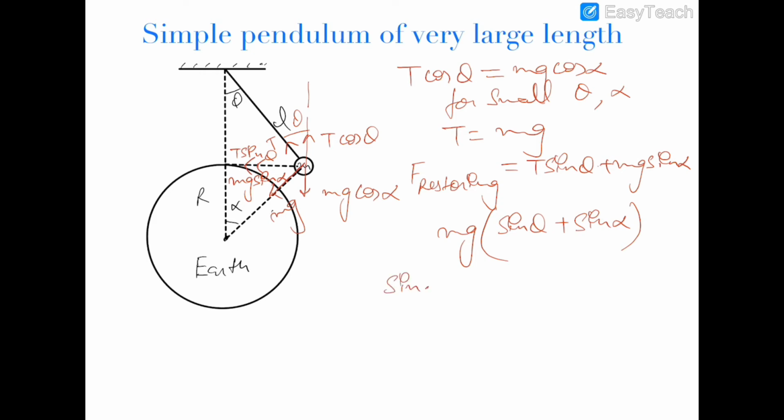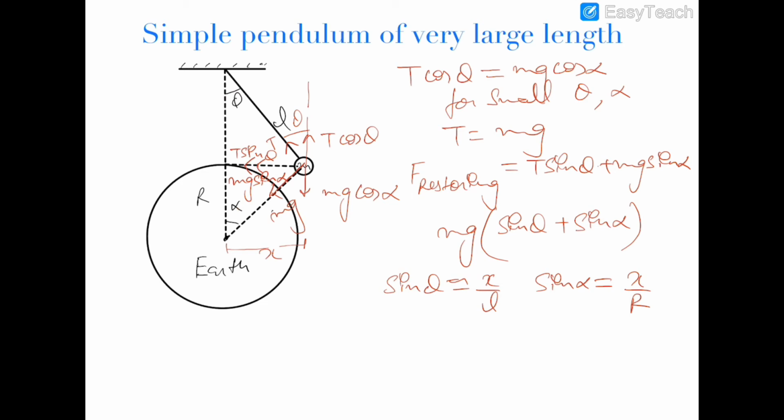So you can see from this triangle that sin theta will be approximately equal to x upon L, and sin alpha will be approximately equal to x upon r, because this distance is almost equal to r for small angles.